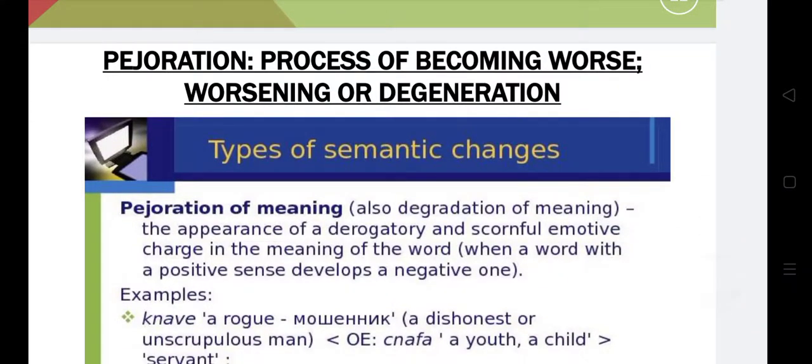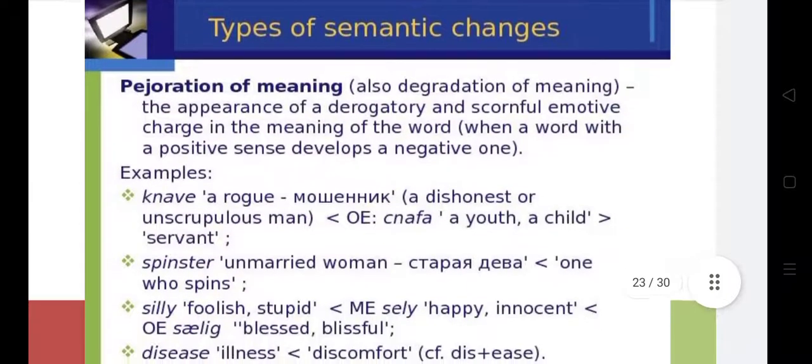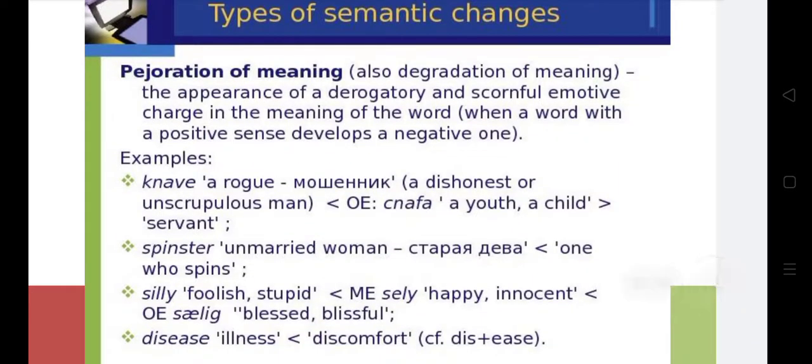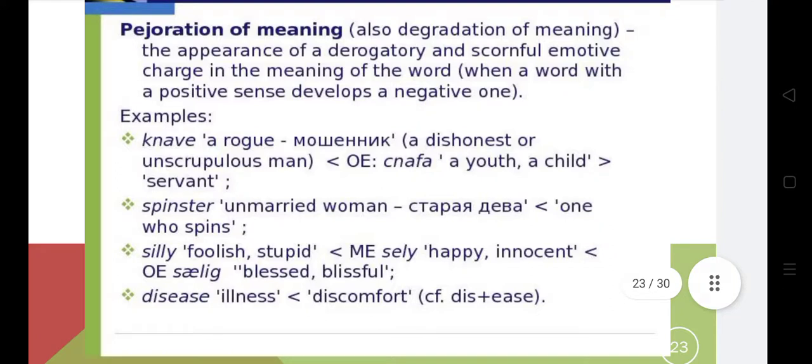Pejoration is a process of becoming worse or degrading, a degradation of meaning. It is the appearance of a derogatory or scornful emotive change in the meaning of a word, when a word with a positive sense develops a negative sense. Let's see an example. The word knave refers to a rogue, or a dishonest person or man.